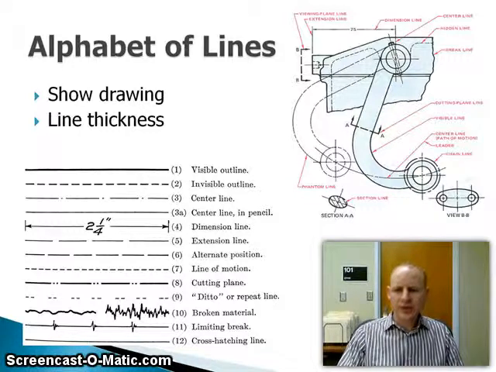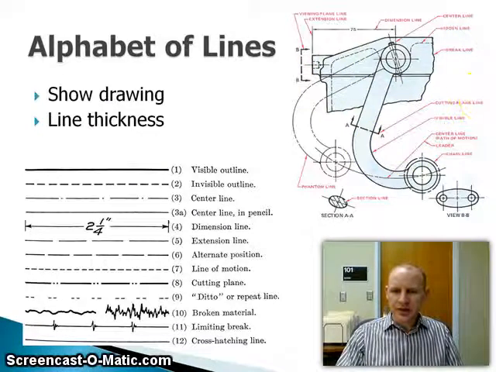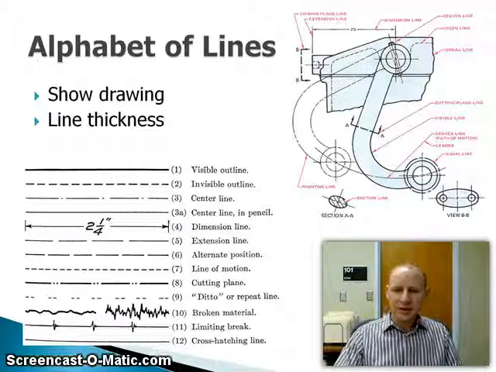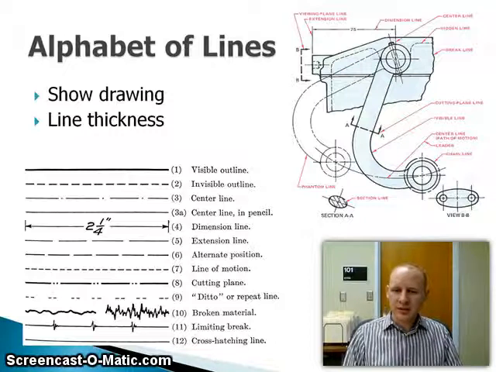The whole idea of using the alphabet of lines is that it brings clarification to the drawing. If you look at this part up here on the top right, if every one of those lines was drawn exactly the same, with the exact line thickness and continuation of line, it would be a little difficult to really understand what's going on here.